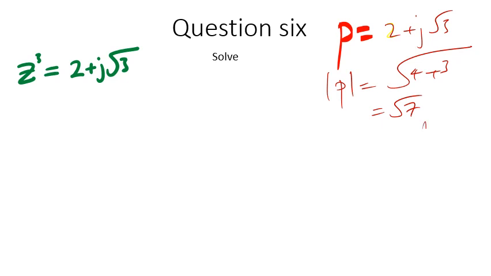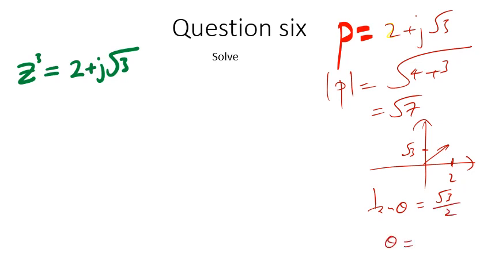And now let's look at which quadrant this is lying in. It's the value 2, root 3, so it's of course in the first quadrant. And so tan theta is root 3 upon 2. So theta would be obviously tan inverse of root 3 upon 2.